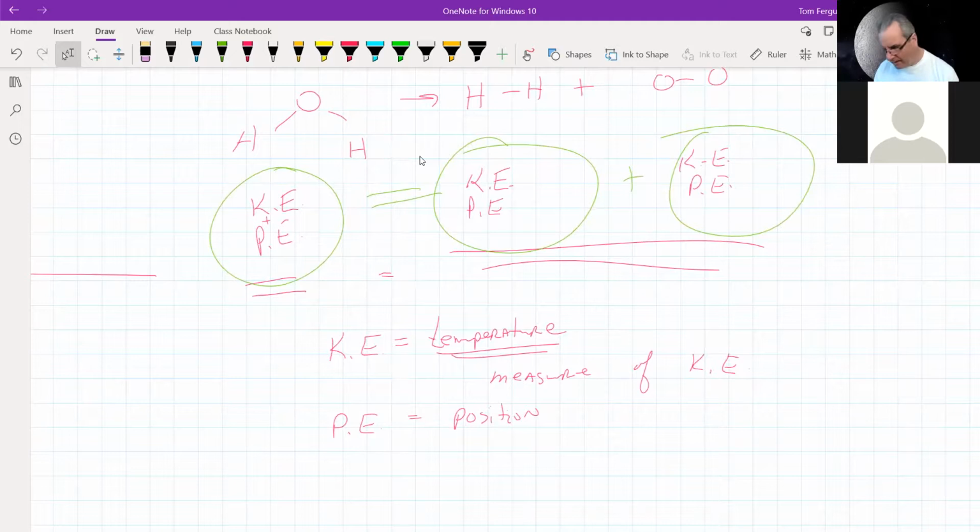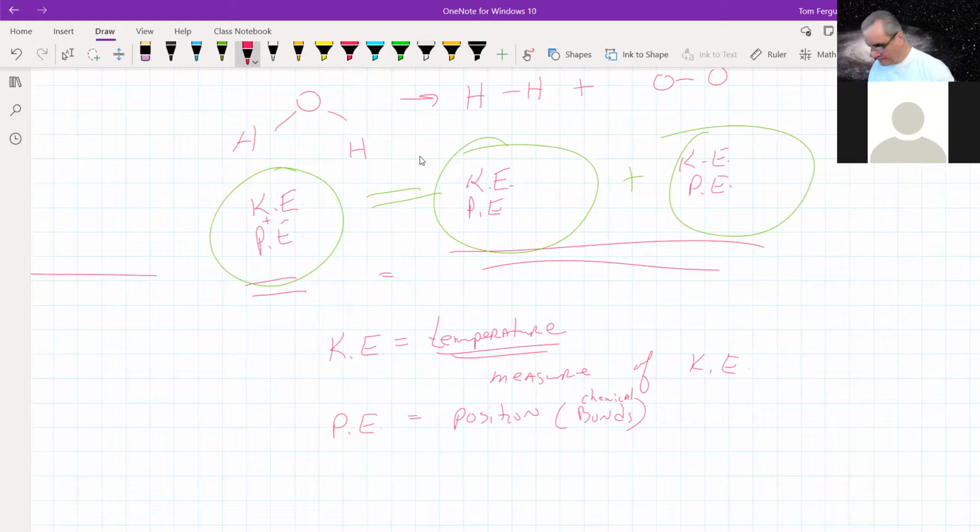But what we're talking about here is bonds, chemical bonds. Because the chemical bonds have all kinds of forces going on, keeping them in place. And we're going to talk a lot about that in this class. But for right now, think of potential energy as chemical bonds.